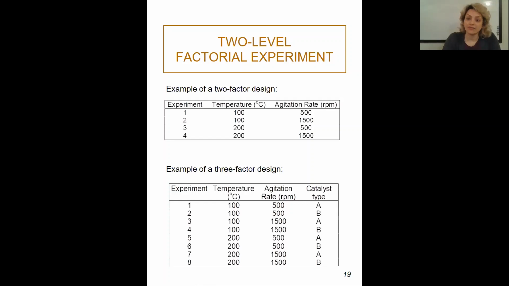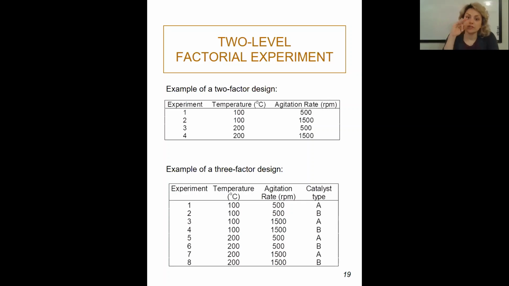And then the rate is 500 and 1500. And we mix and match them. Experiment number 1 is going to be low level of temperature with low level of the rate. Experiment number 2 is low level of the temperature with the high level of the rate. Number 3 is the high level of temperature, low level of the rate. And number 4 is high level of temperature and high level of the rate.